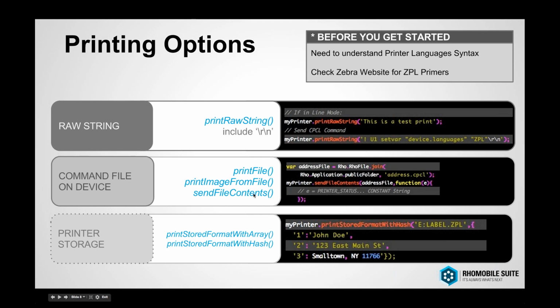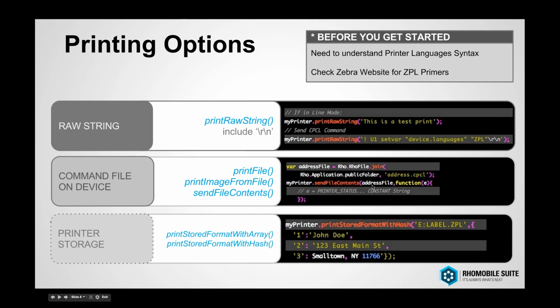Before I use any of these methods, in this example I'm using sendFileContents, which I have to pass a path to the particular file, using our helper functions for creating the qualified path to this file. So I'm creating a qualified address file path, and then I'm sending this.